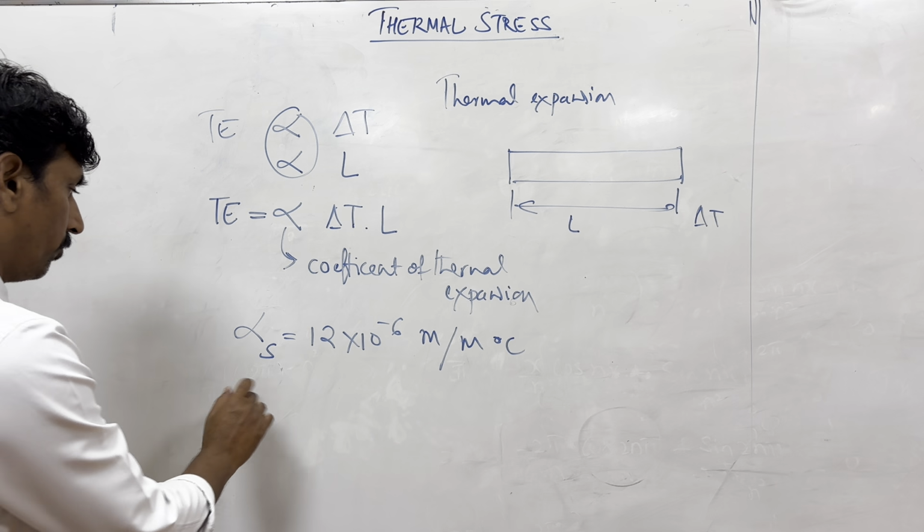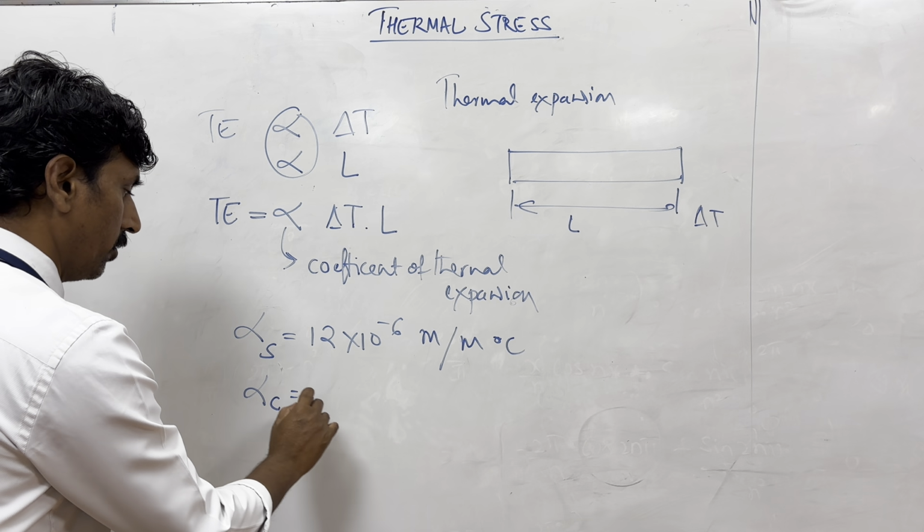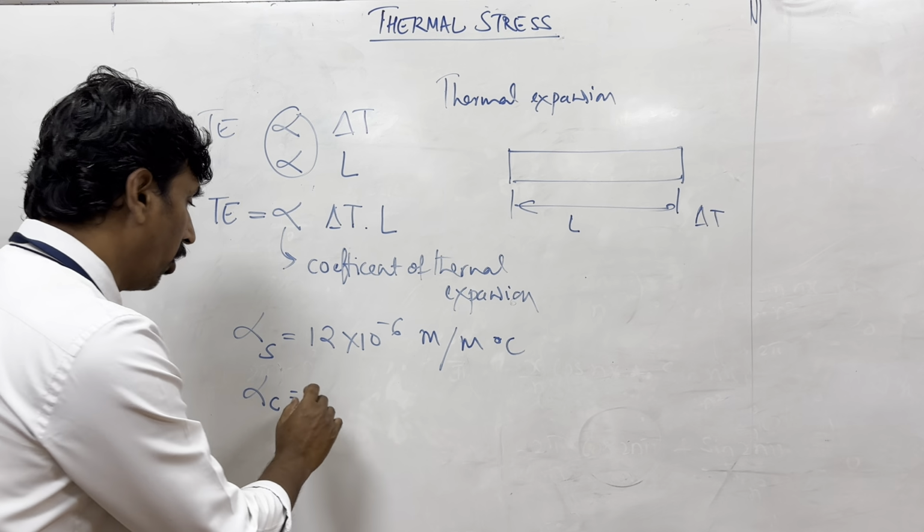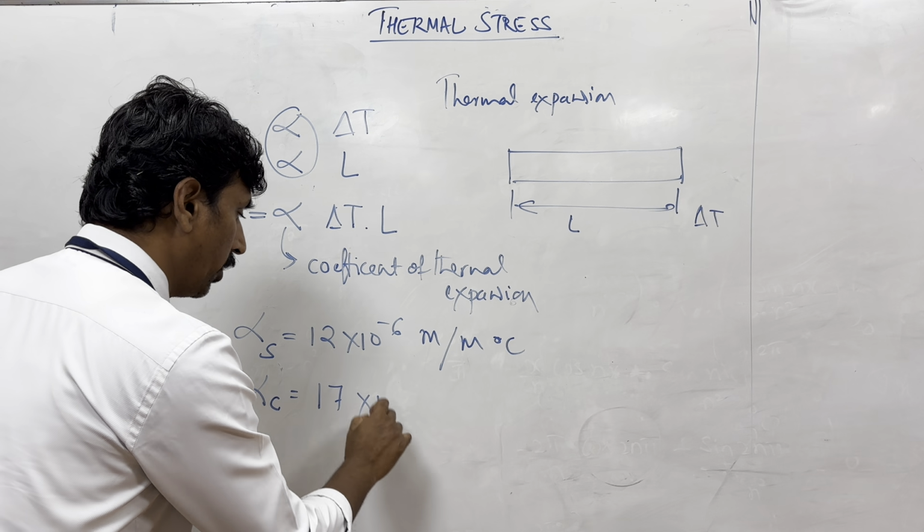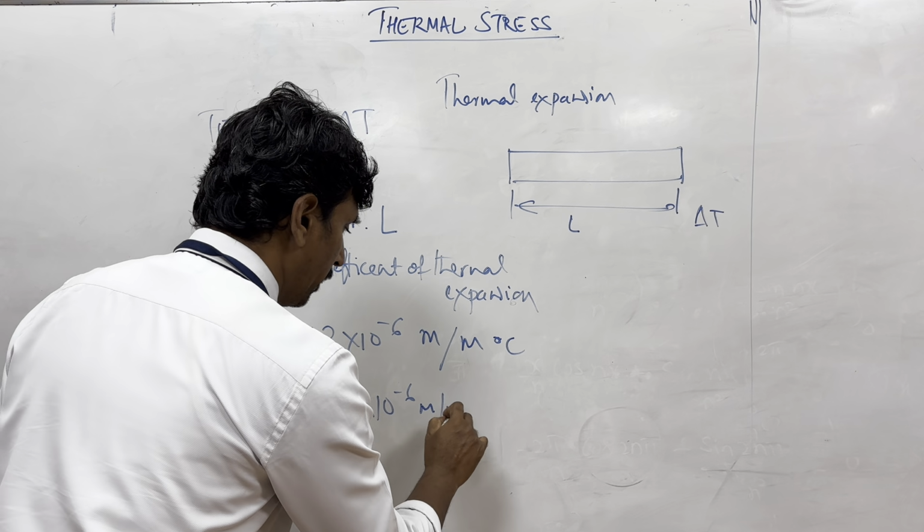And for copper it is how much? 17.4 or 18 around. So 17 into 10 to the power of minus 6 meter per meter degree centigrade.